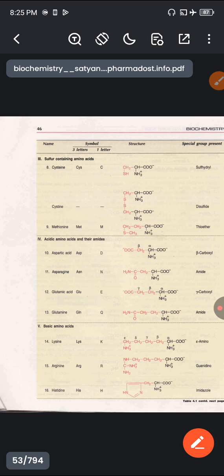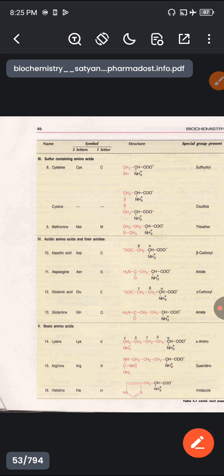And we have basic amino acids. As you can see, we have lysine, arginine, and histidine. There are 3 amino acids: lysine, arginine, and histidine. Arginine and histidine are dibasic monocarboxylic acids. They are highly basic in character.